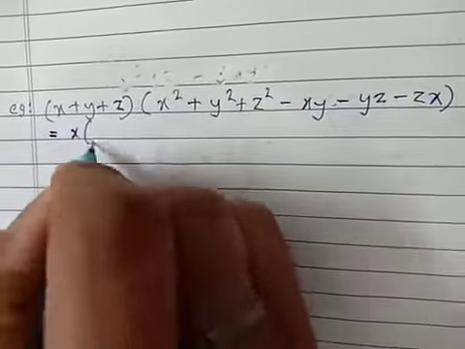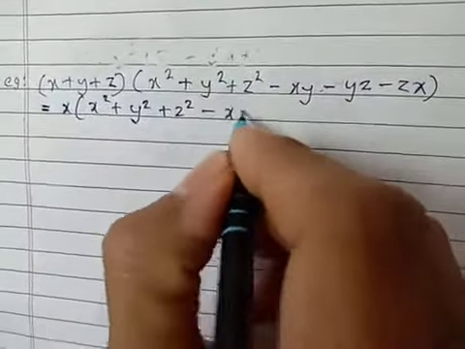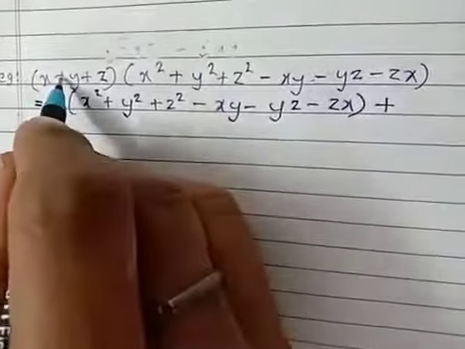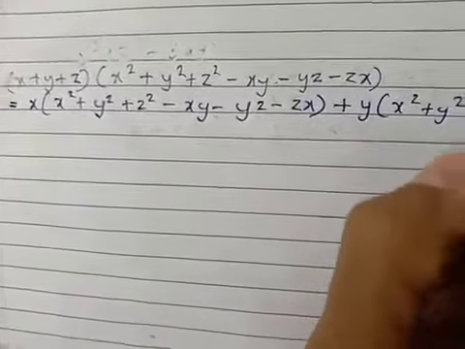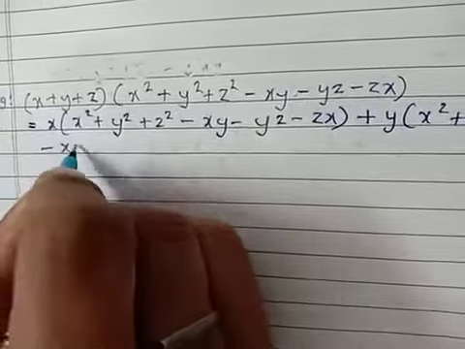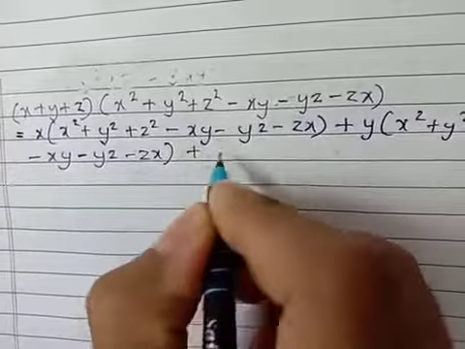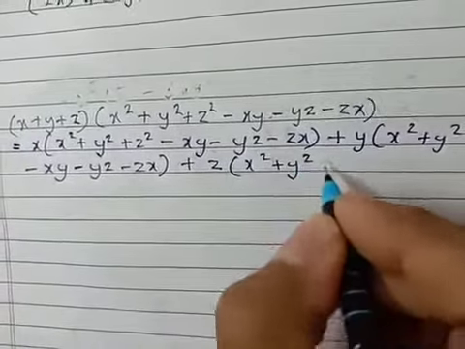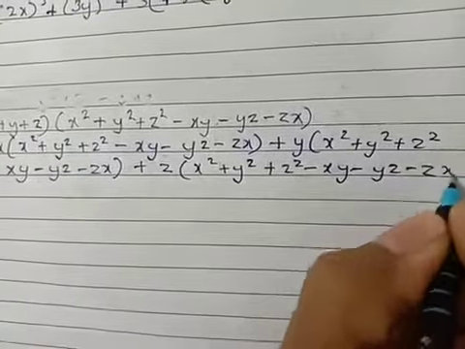So x into x square plus y square plus z square minus xy minus yz minus zx, plus, since it is plus over here, y into x square plus y square plus z square minus xy minus yz minus zx, and plus z, since it is plus over here, z into x square plus y square plus z square minus xy minus yz minus zx.